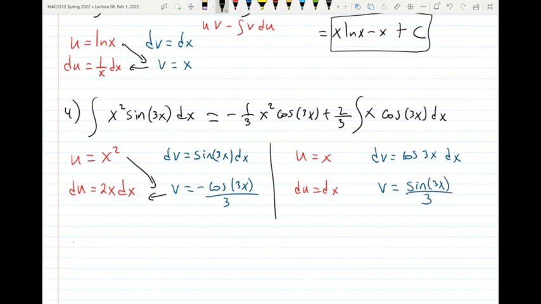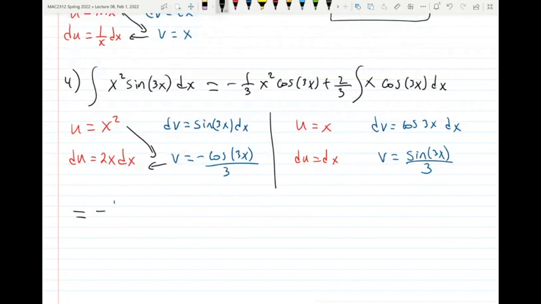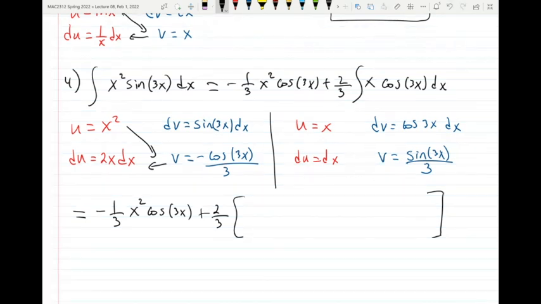Now we use the formula. So we already have negative 1 over 3 x squared cosine of 3x, then plus 2 over 3 times, I'm going to open a big bracket because now I'm going to put my uv minus integral v du inside this bracket, okay?